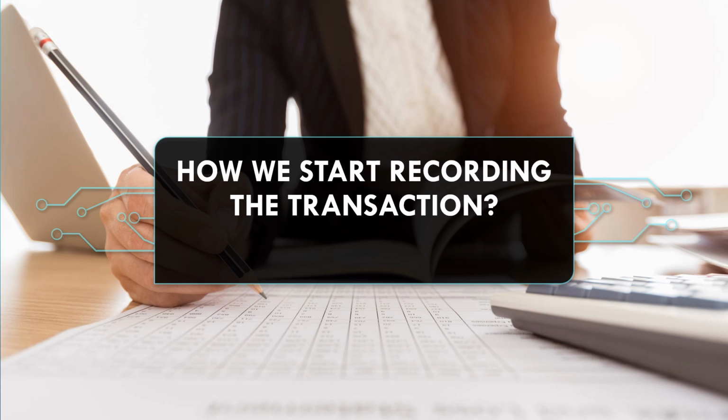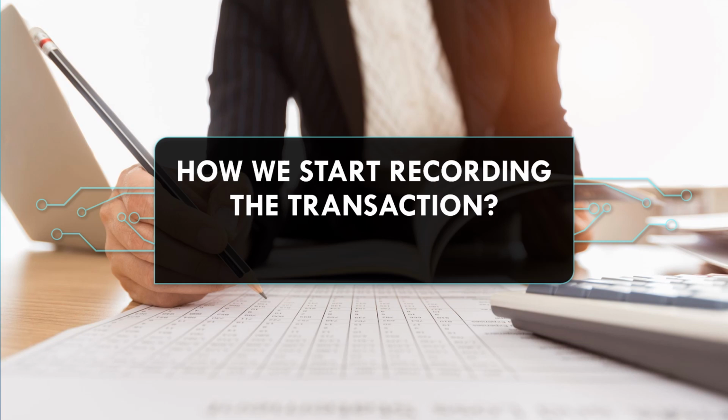So if you ask how an accountant starts to record a transaction, the simple answer is we first identify the amount of the transaction from the source document, and then we record the details of that transaction.